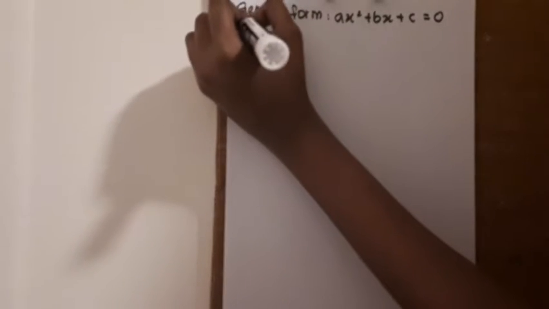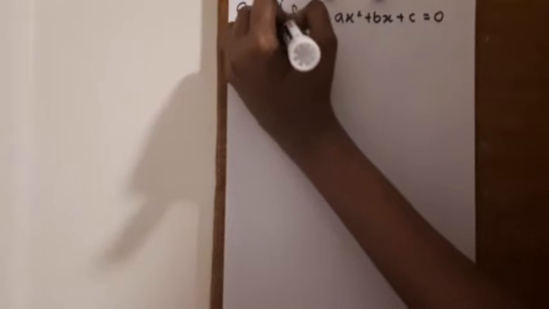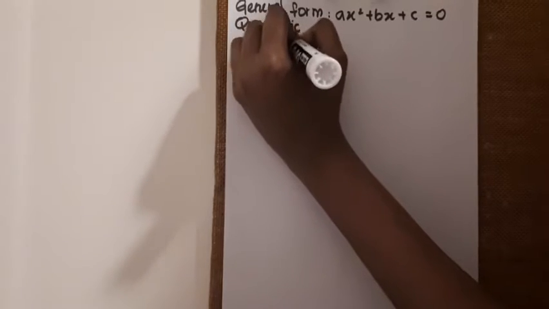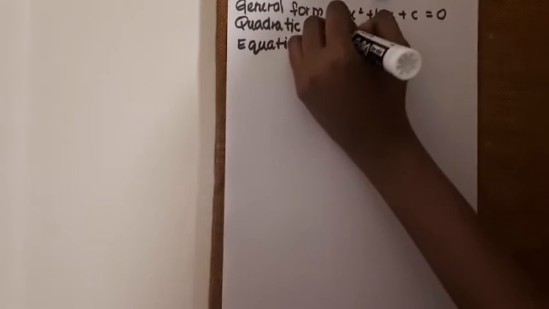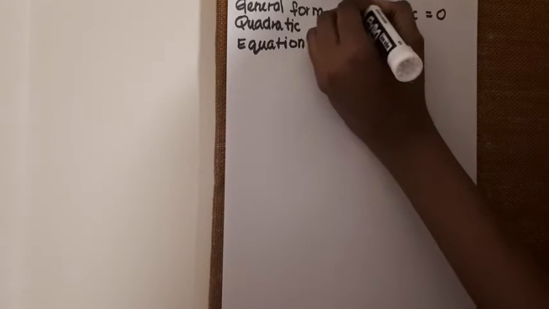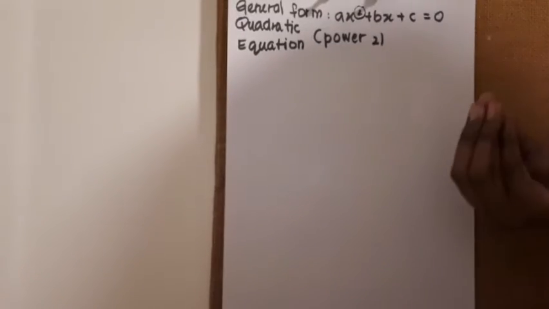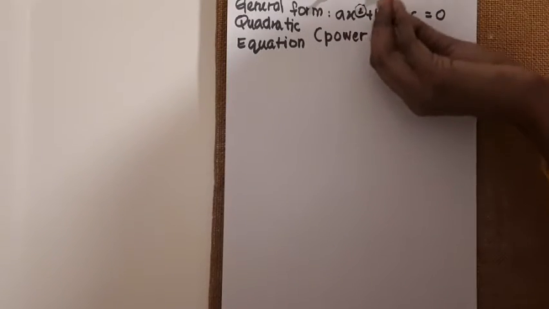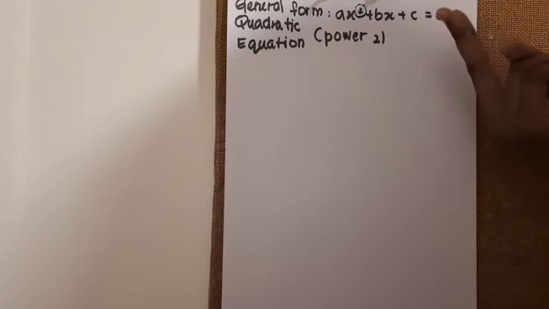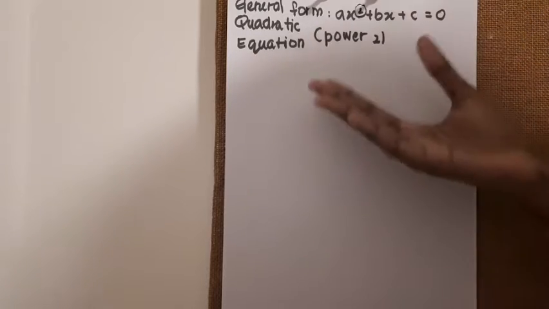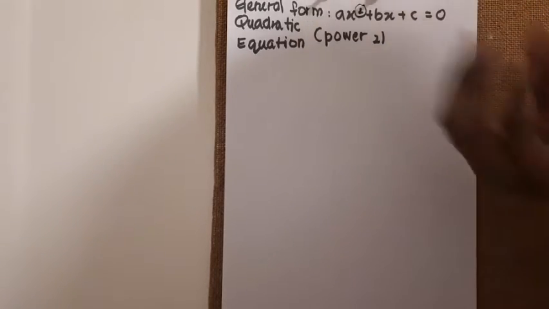This is called a quadratic equation because of the power 2, or the squared here. If you see an equation where the unknown, x, has the power of 2 and no other power of x more than 2, then it's called a quadratic equation. And the general form for this quadratic equation is this one here.